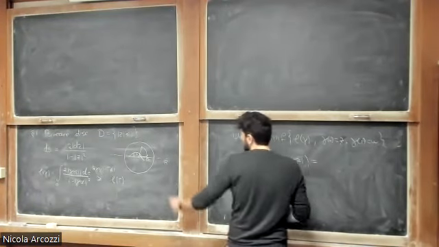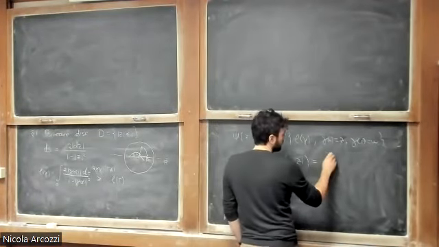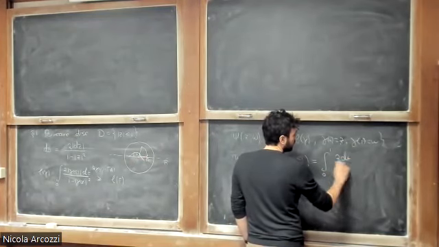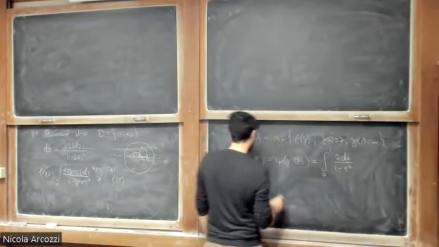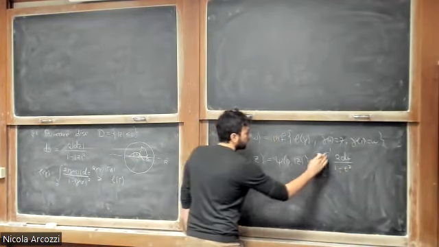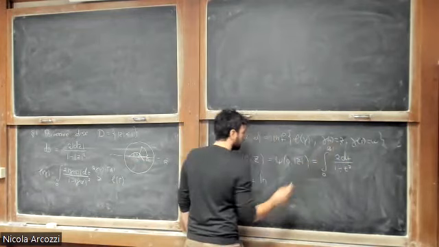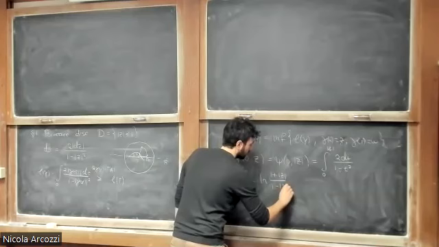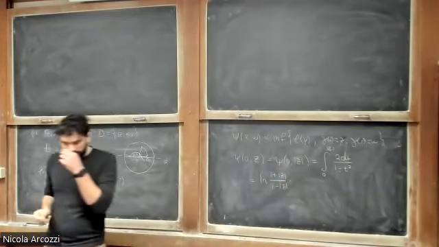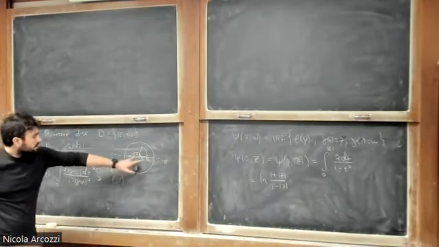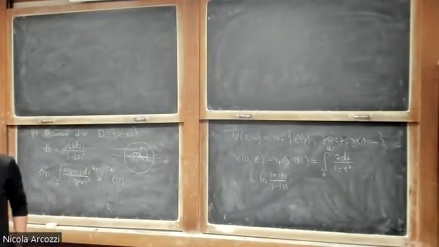Taking the curve to be this parameterized segment, we find the integral from 0 to r of 2 dt over 1 minus t squared, which is a logarithm. So we know how to calculate the distance between 0 and any point.